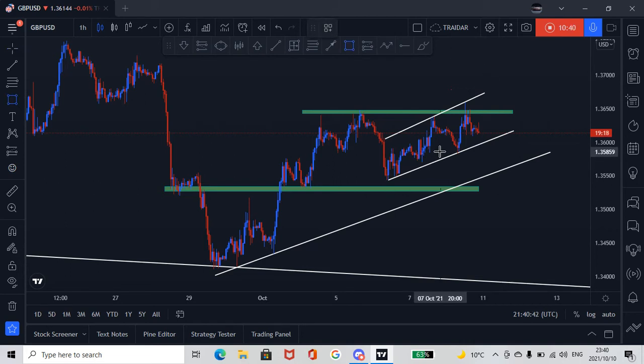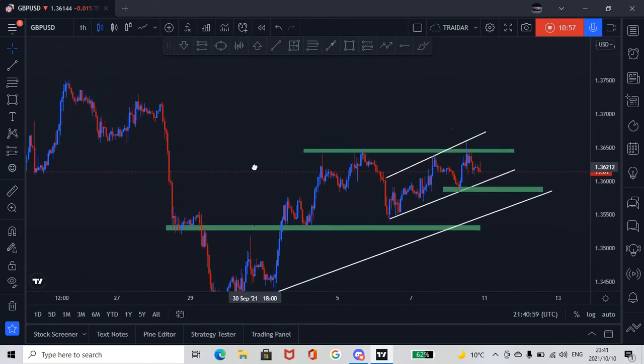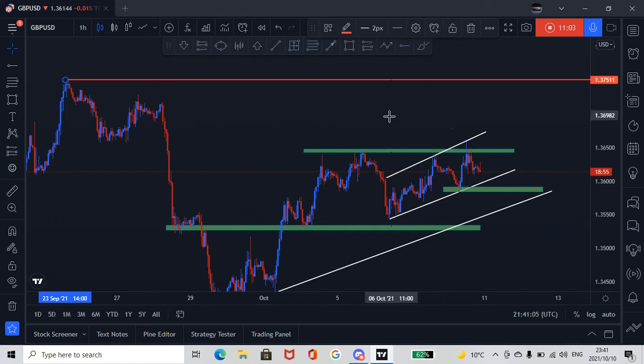So I have to identify the previous lower high. It's highly important, because the market right now is moving. The highest high now is this one here. The second highest high is this one here.